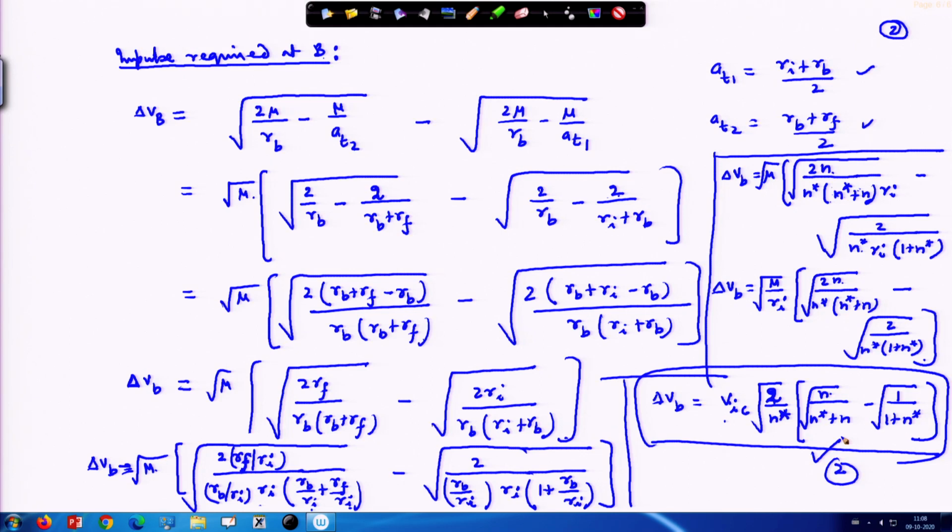Your effort in the calculation gets reduced. Even if you have to do computer programming, it is very convenient there also. So, this is delta V, and this C should not be understood as the point C. It stands for circular orbit.